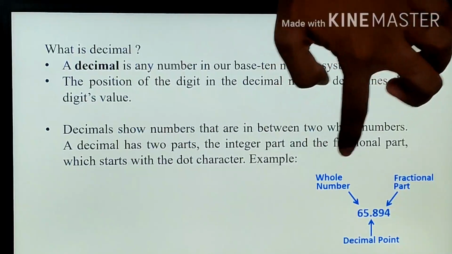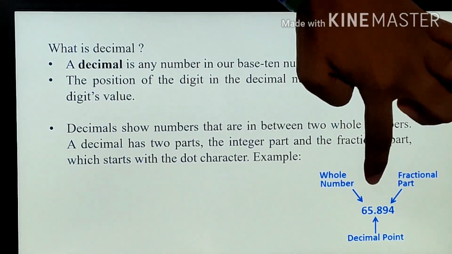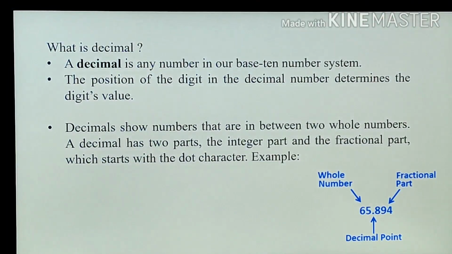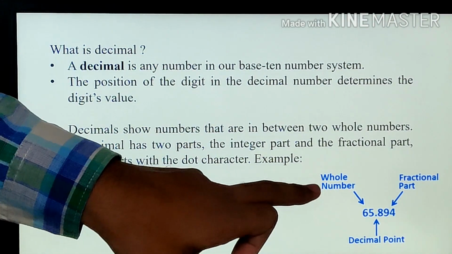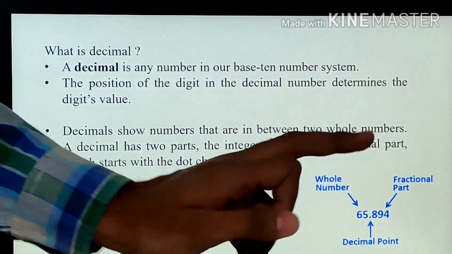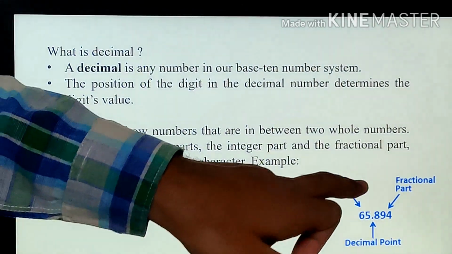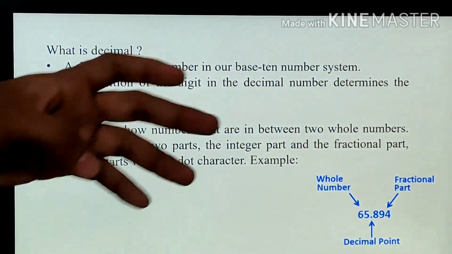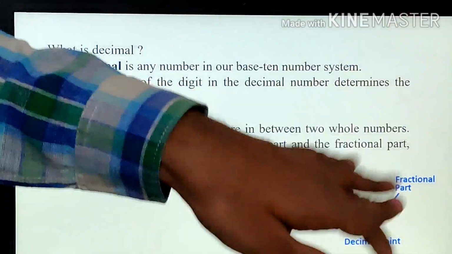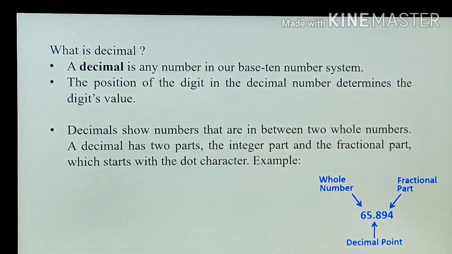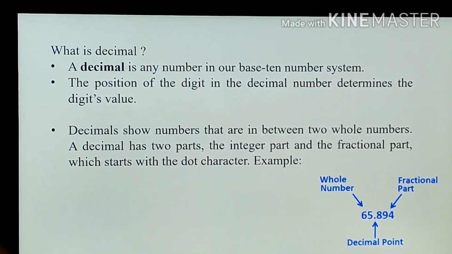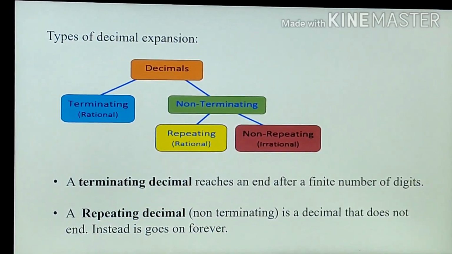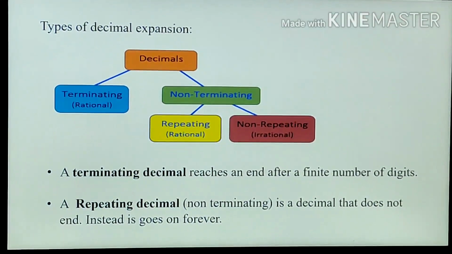Look at the example given here: 65.894. The number written before the decimal point is the integer part, and after the decimal point it is the fractional part. Is it clear?